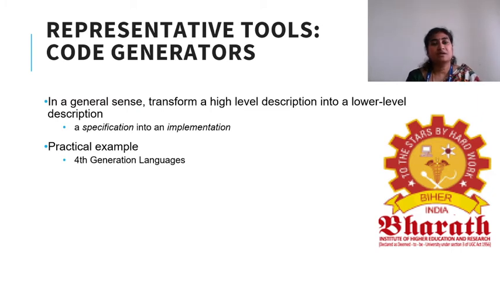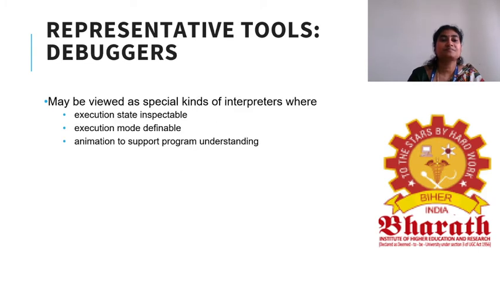They can be transformed into the coding with the help of the code generators. So code generators are also a part of the program support environment, using which the programs can easily be generated directly from the specification if it is made in a formal way. So example is fourth generation languages.